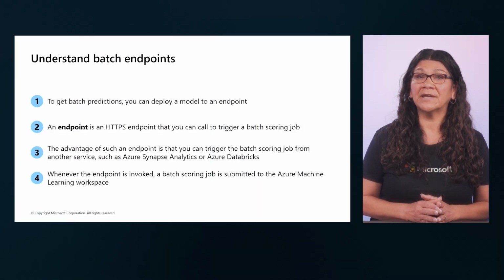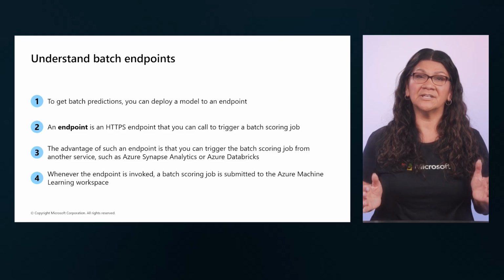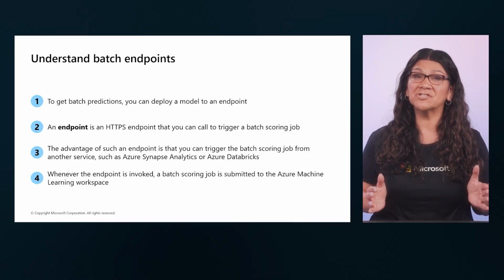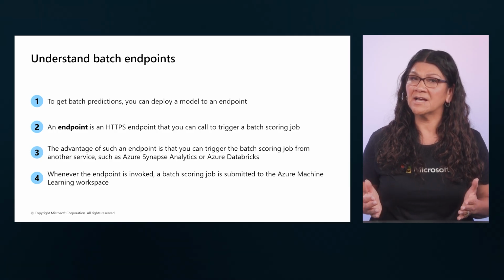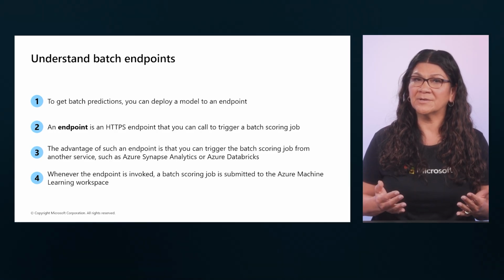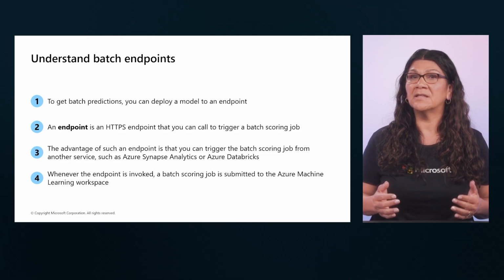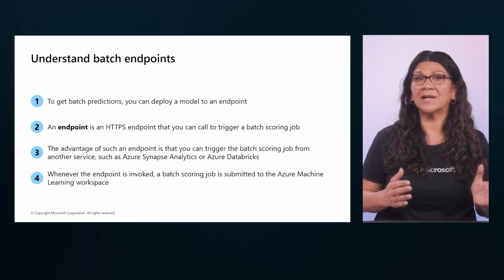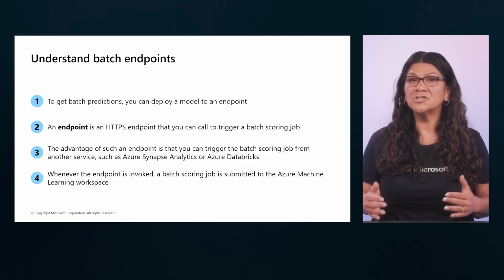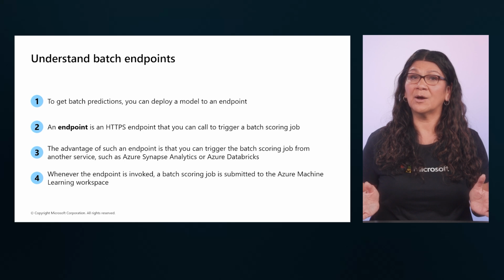A batch endpoint turns a trained model into a scalable batch scoring service. Instead of predicting one record at a time, you deploy the model to an HTTPS endpoint that triggers a batch job, typically running on an Azure ML compute cluster, to process many inputs at once.